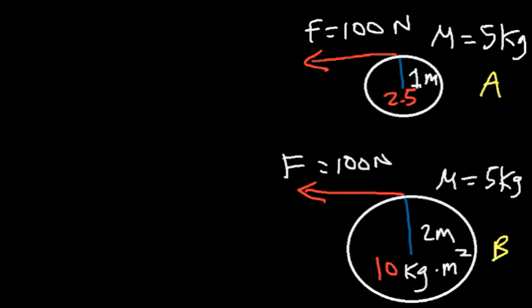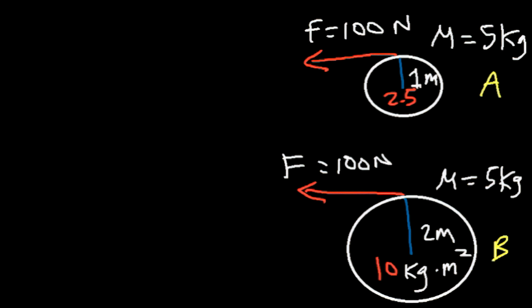The object with a larger inertia value is going to have a greater resistance to any change in its motion. So it's going to be harder to spin disk B because it has more inertia. Therefore it has more resistance to spinning, so to speak.